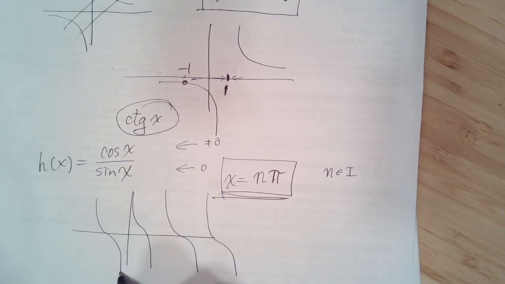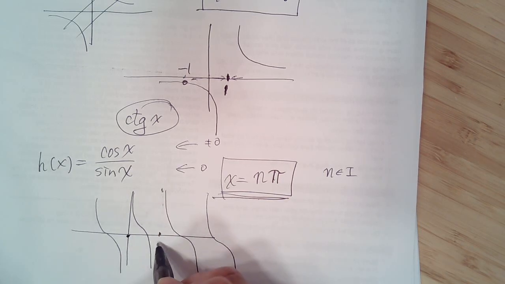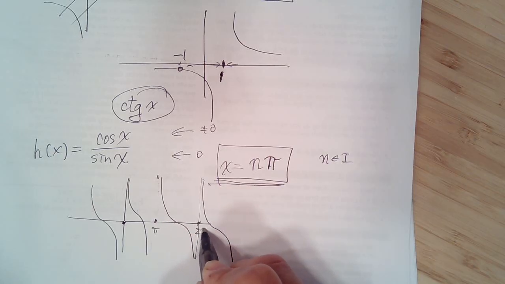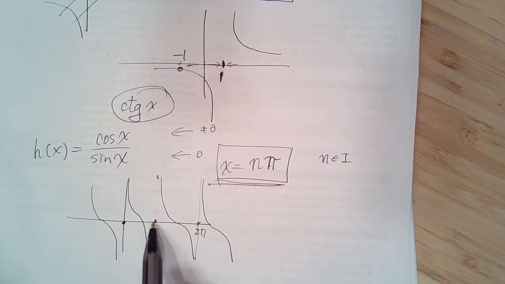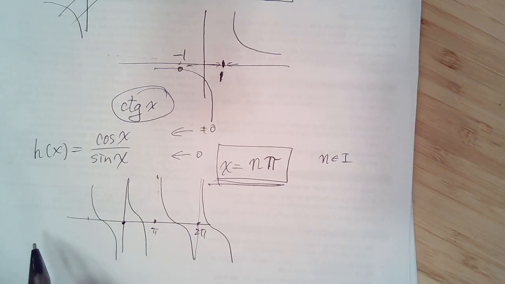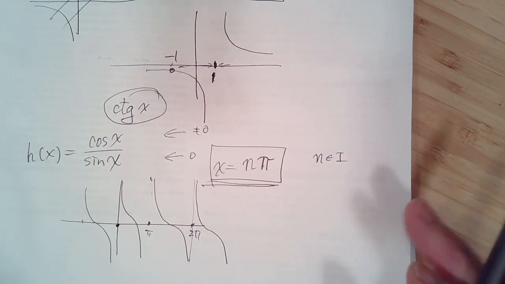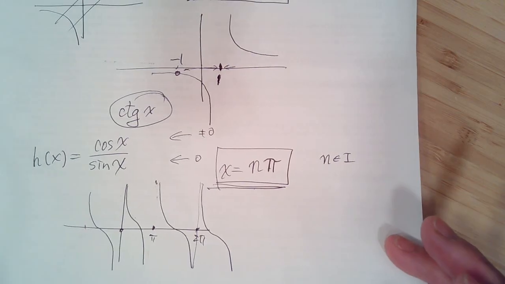I don't know if you remember that. See, here's 0, here's pi, and here's 2 pi. When x equals 0, pi, 2 pi, or negative pi, negative 2 pi, n pi, that will give you an infinite limit. That's perfect, right? It agrees with what we learned.